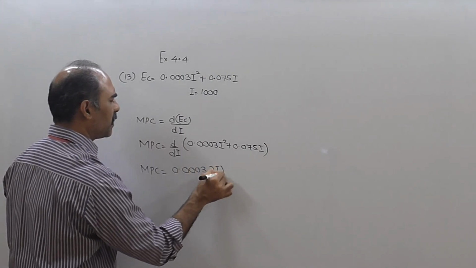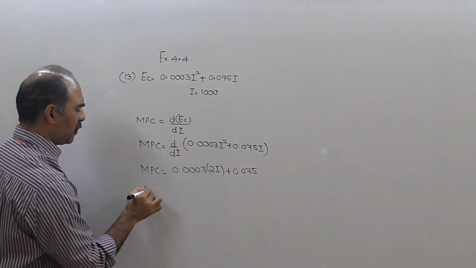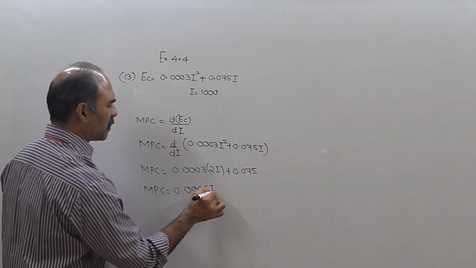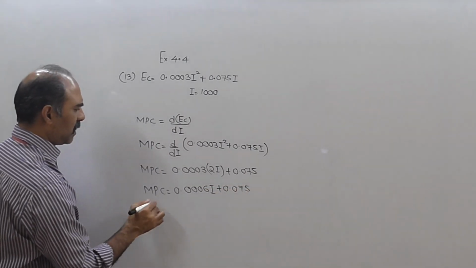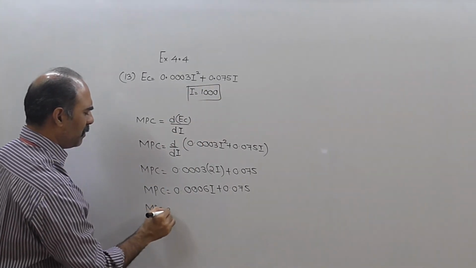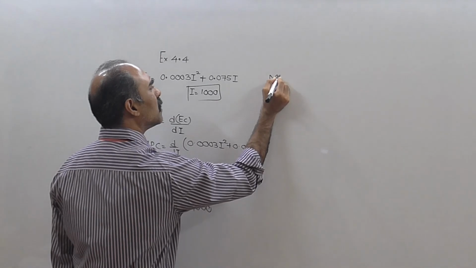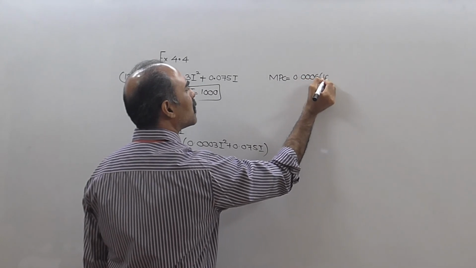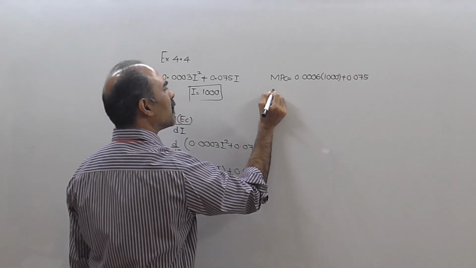So you will have your MPC as: the derivative of 0.0003 I square is 0.0006 I, and plus 0.075. So MPC equals 0.0006 I plus 0.075. They say that I is 1000, so MPC at I equal to 1000 is 0.0006 into 1000 plus 0.075.